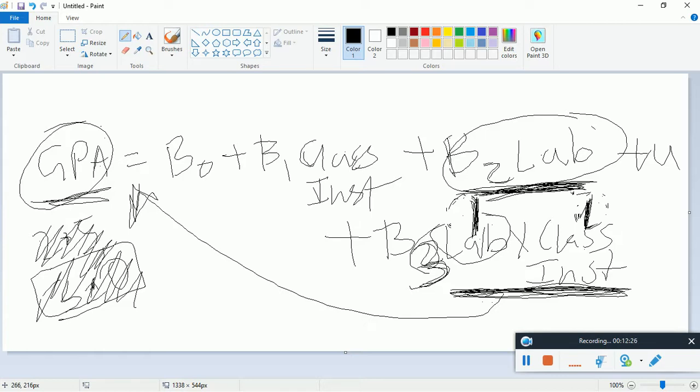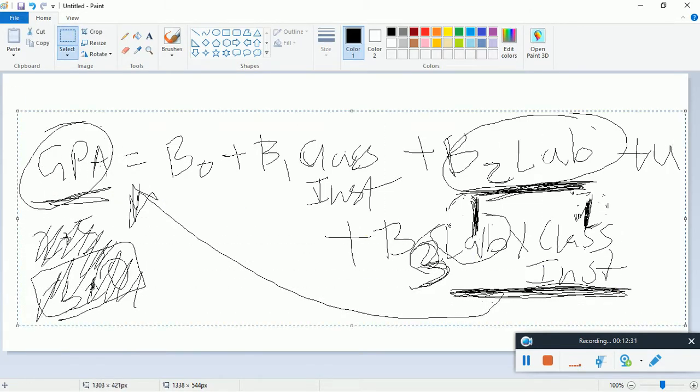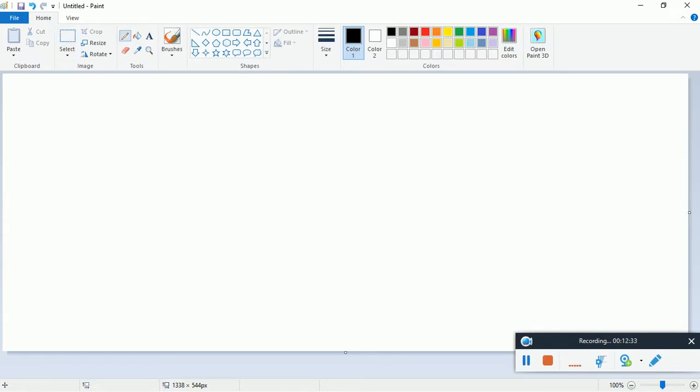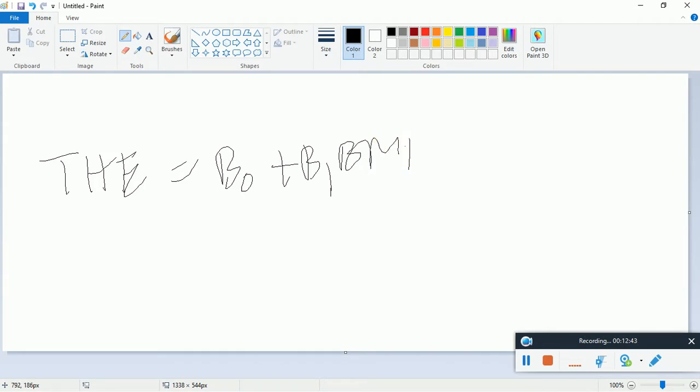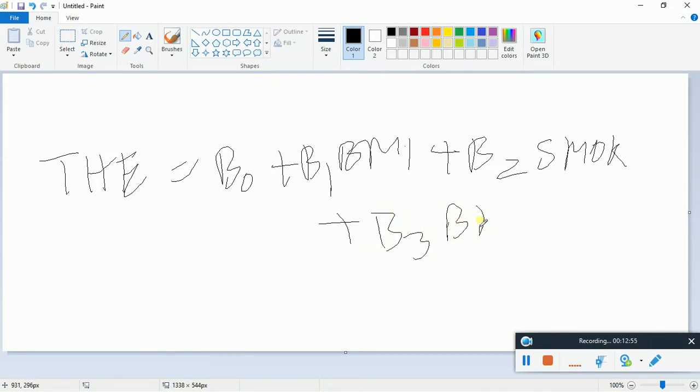So in my health example, we can use a lot of interaction terms. These are important for your paper. So let's say total health expenditure equals beta 0 plus beta 1 BMI plus beta 2, let's say smoking, and let's say you want to have a cross interaction term, so beta 3 BMI times smoking, plus the error term.